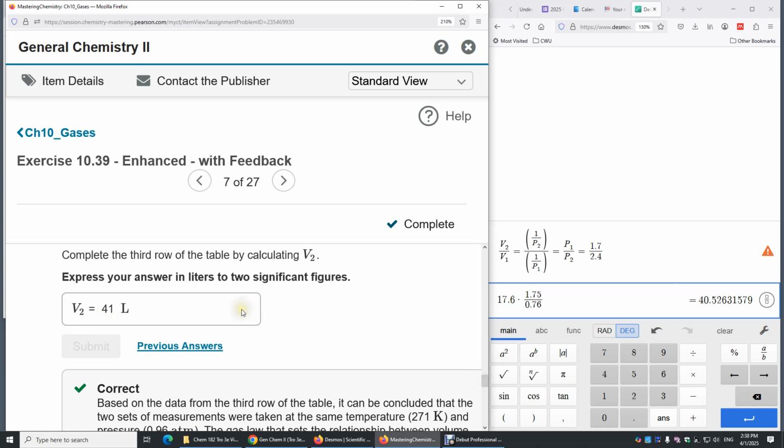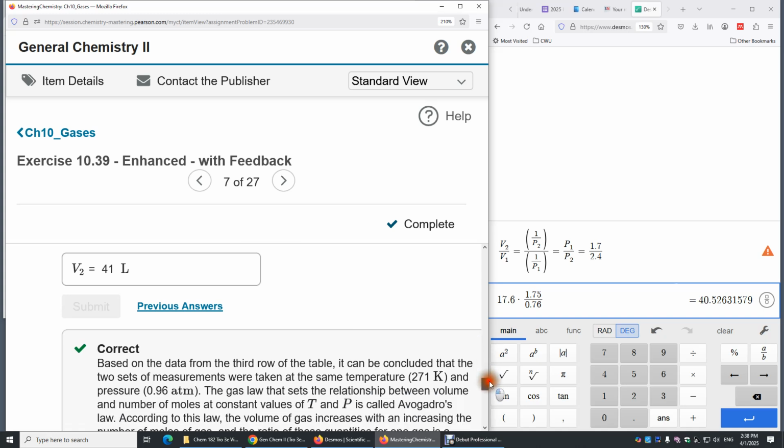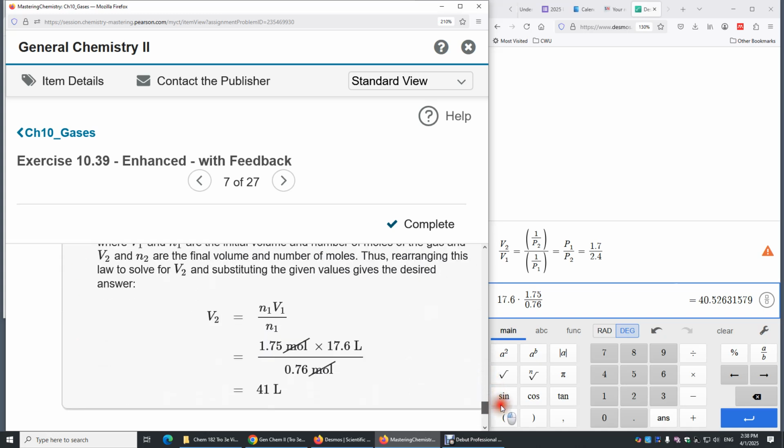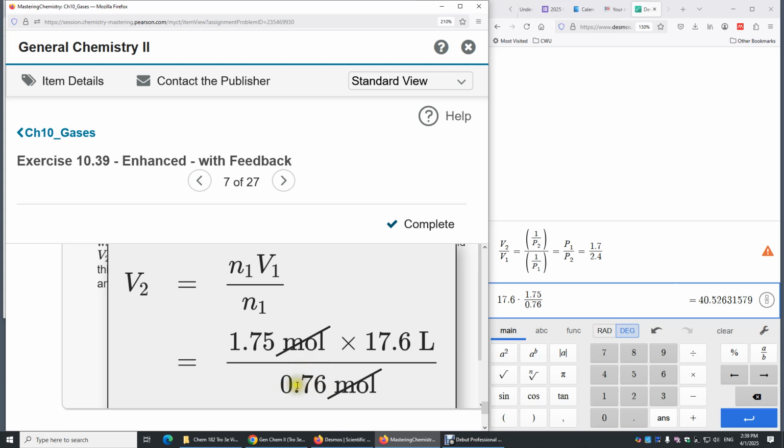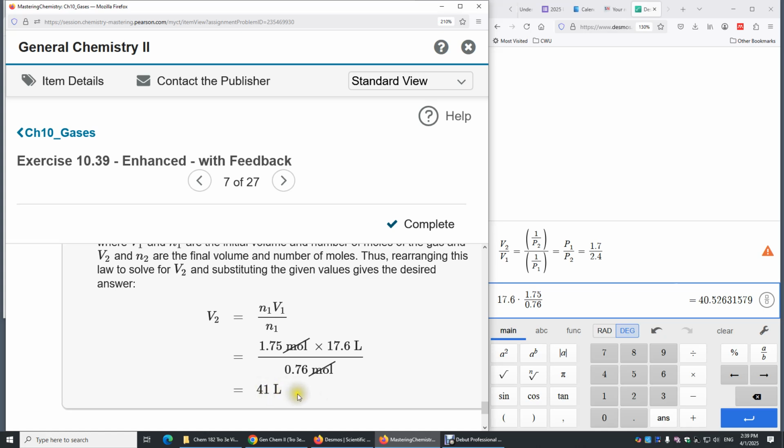I forgot to round my answer to 2 significant figures. When we do multiplication or division, we look at the number with the least number of sig figures. Over here we have only 2 sig figures in 0.76. So in the final answer we should keep also only 2 sig figures.